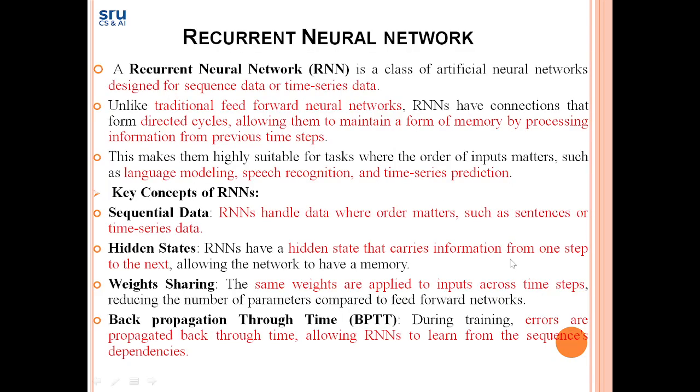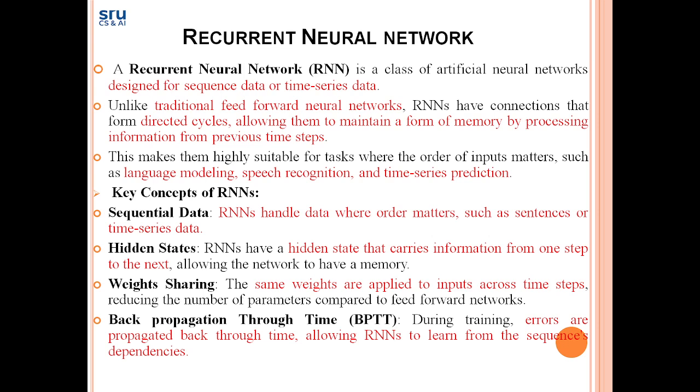After this, we will see the recurrent neural network. It is a class of artificial neural network which is used for time series data. Unlike a traditional feed forward neural network, a recurrent neural network has connections that form directed cycles, allowing it to maintain a form of memory by processing information from previous time steps.